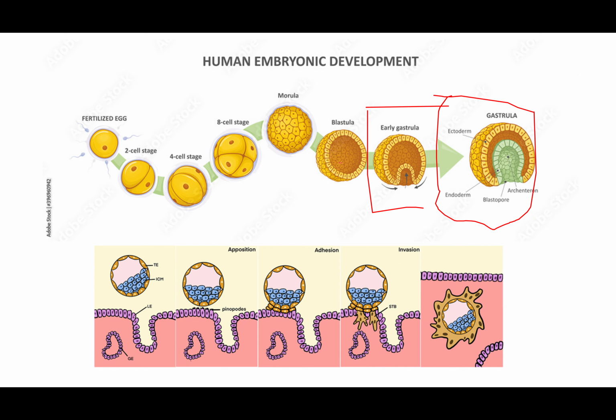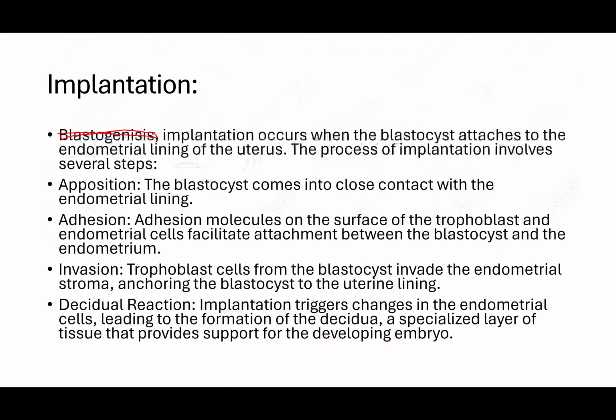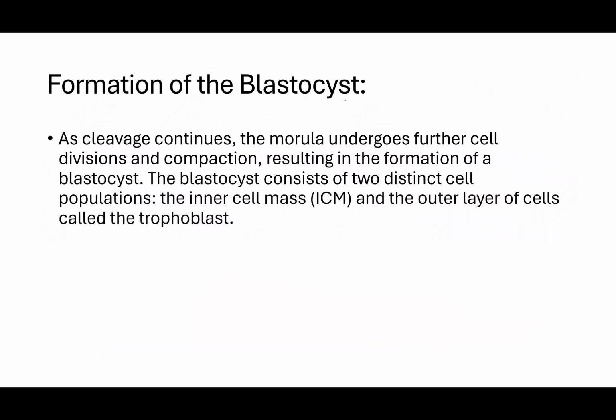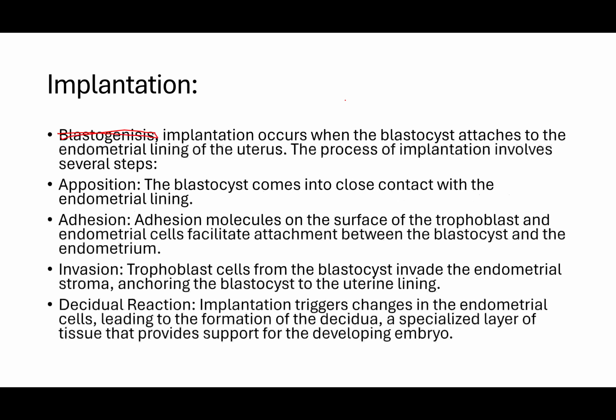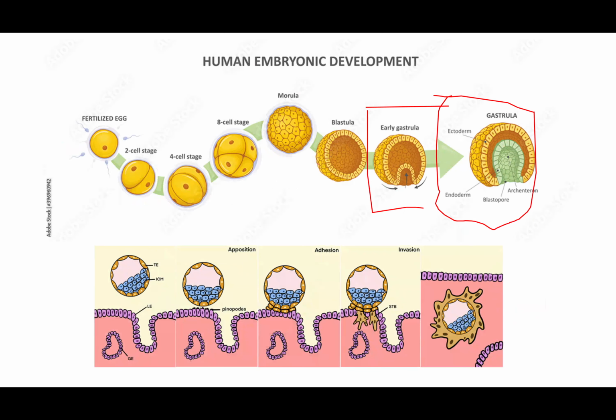The blastula itself will become a blastocyst. And what the blastocyst really is, is a mass of inner cells and then the trophoblast on the outside. So this is what's happening over here on the bottom diagram.